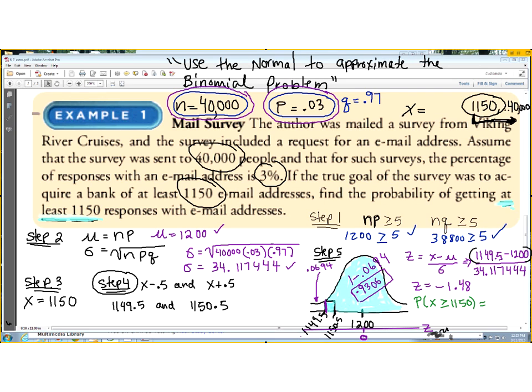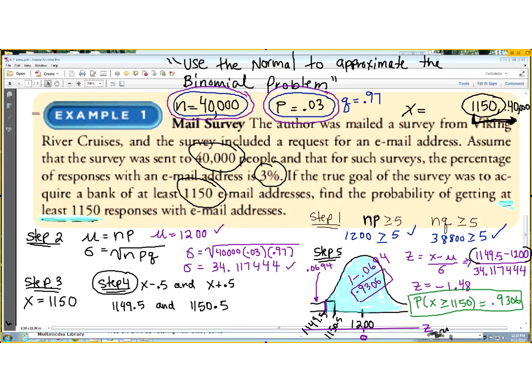It could be 1,150 or greater. That is our 0.9306. Now, I went ahead and gave you the answer that I obtained through the normal distribution. So we used the normal distribution to get our answer.